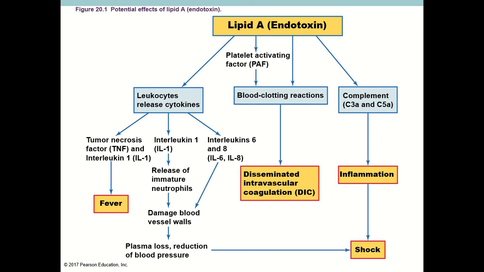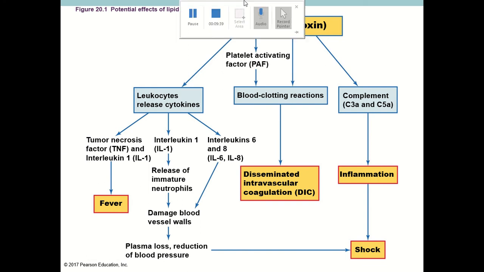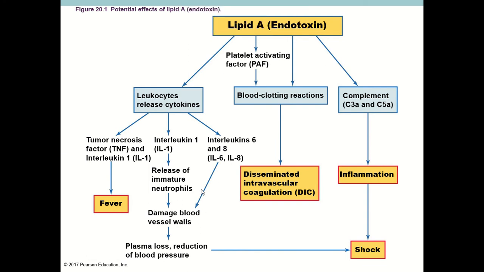So when that happens, and if that happens systemically, then you're going to have an opening of the blood vessels, or the arteries, throughout the body, which again, as mentioned earlier, causes a decrease in peripheral resistance, right?